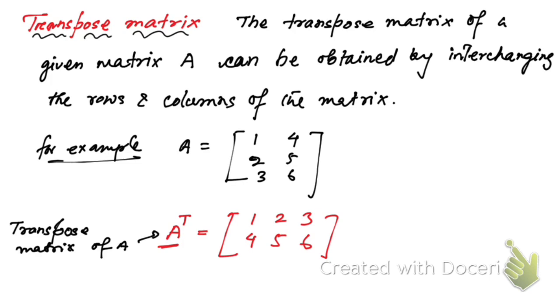Let us discuss symmetric and skew symmetric matrices. Okay, so when is a matrix said to be symmetric? Let me tell you. Suppose A is a square matrix. A square matrix means a matrix of order m by n or n by n, that means the number of rows must be equal to the number of columns.